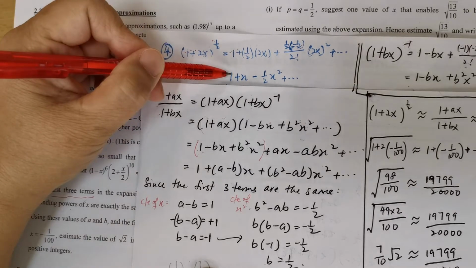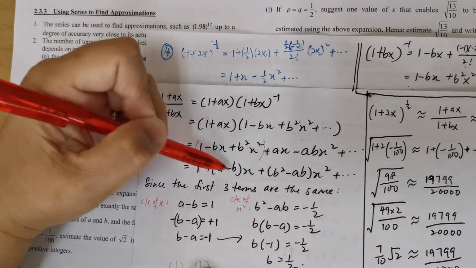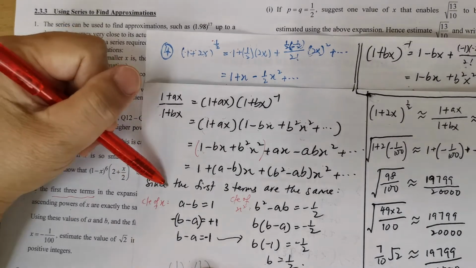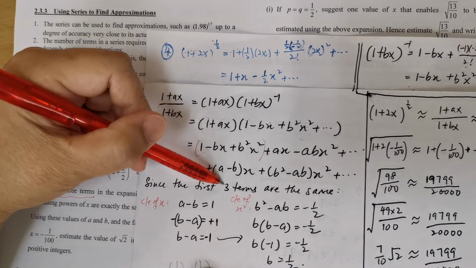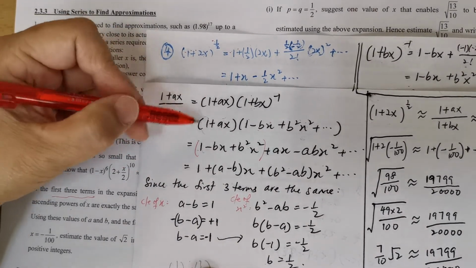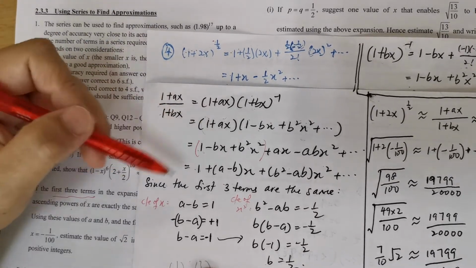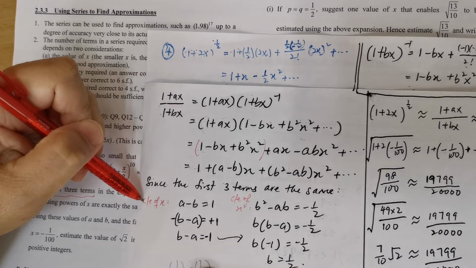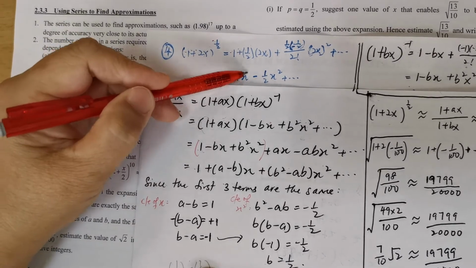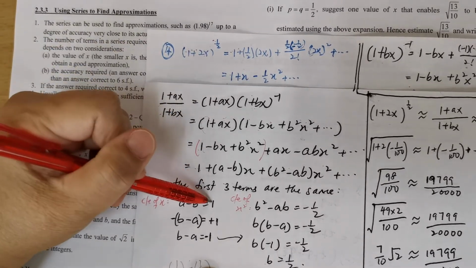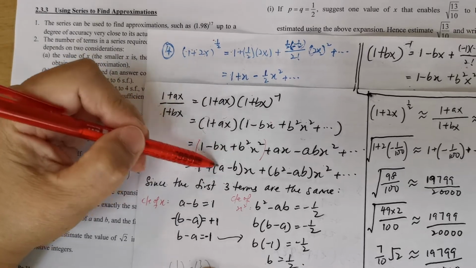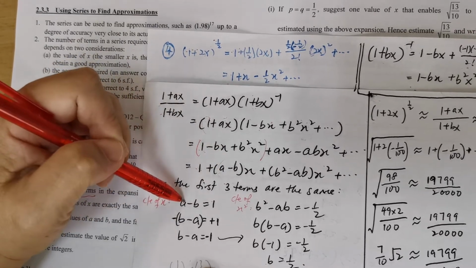So we only need the first 3 terms and first 3 terms. Then the question says, since the first 3 terms are the same, we compare. 1 and 1, no need to compare. Then the next one to compare is the coefficient of x. For this one, the coefficient of x is 1. And for this one, the coefficient of x is a minus b.